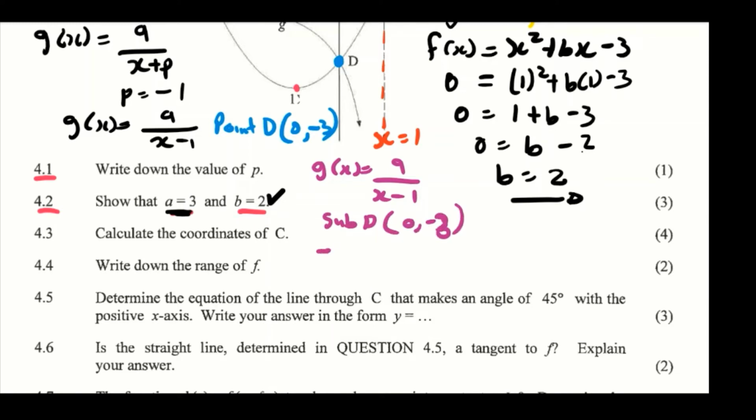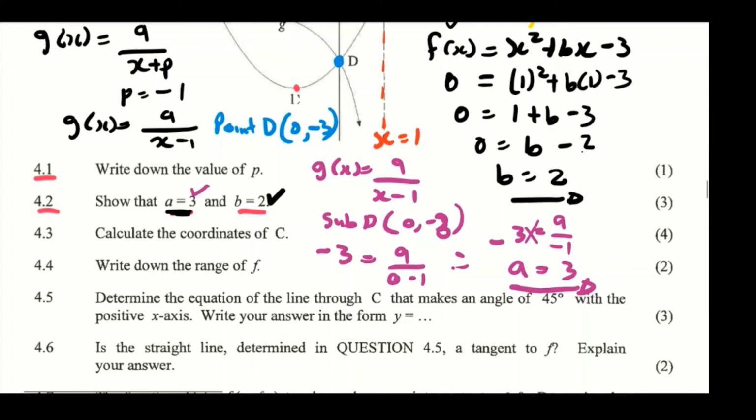So minus 3 is equal to a over 0 minus 1, which is minus 3 is equal to a over minus 1. Cross multiply. My a is equal to 3. So that's how we found a being equal to 3.